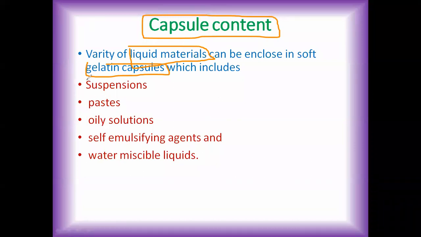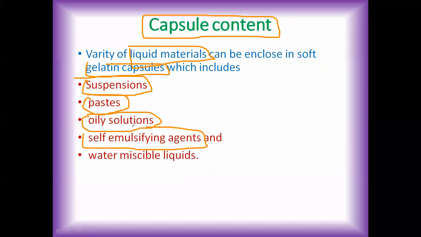It includes suspensions, pastes, oily solutions, self-emulsifying agents, and water miscible liquids. So these are the variety of liquid materials which can be filled into soft gelatin capsules.